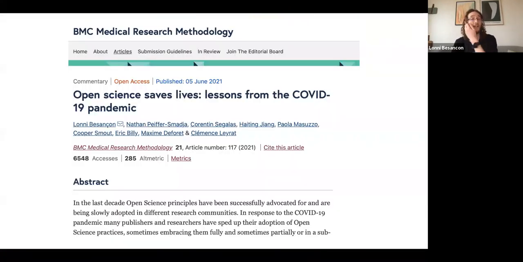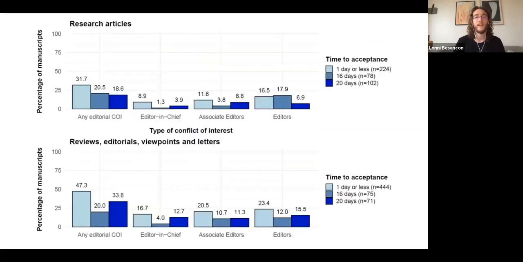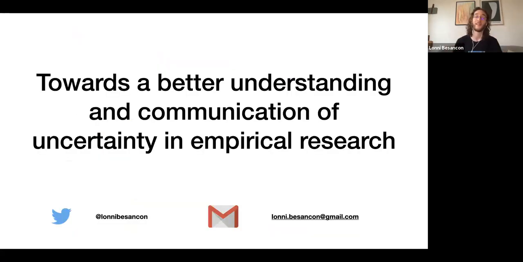We published that paper, which is fortunately open access, and it is not very optimistic about what has been done, although some things would point to, oh yeah, all these COVID-19 papers are open access. We found things that were pretty worrying, such as papers that were reviewed and accepted in a day or less, which is a little bit weird. But anyways, let's get back to the topic.